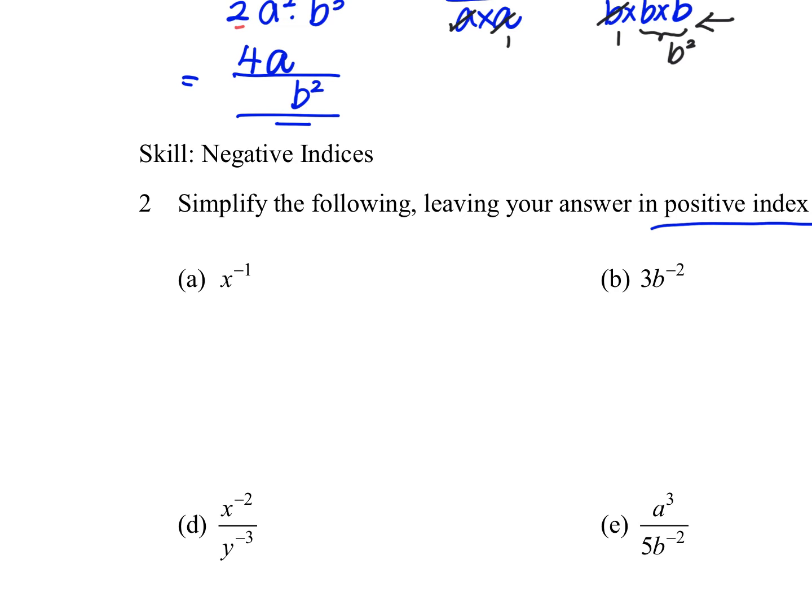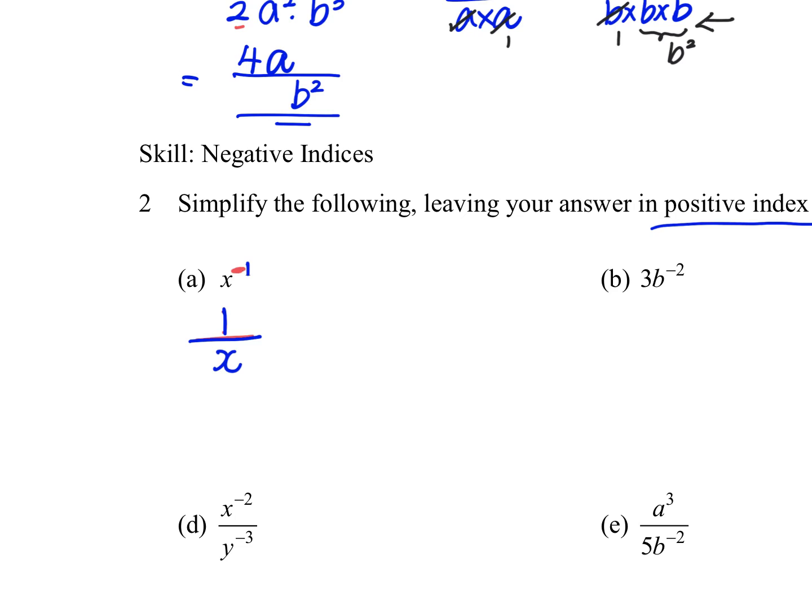It means we need to change the x into 1 over. When I have a negative power, the negative effect is actually changing the letter into 1 over, taking the reciprocal. So in this case, it is 1 over x to the power of 1. By right, it should be x to the power of 1, but since 1 is invisible, the final answer will just be 1 over x.